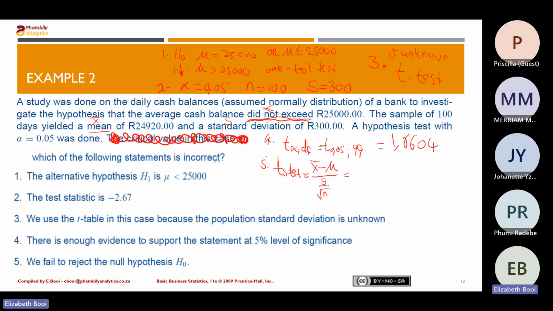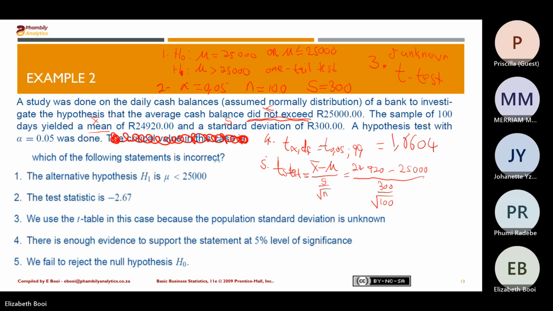Our sample mean is 24,920 minus 25,000 divided by the standard deviation of 300 divided by the square root of 100. Go to your calculator and calculate.